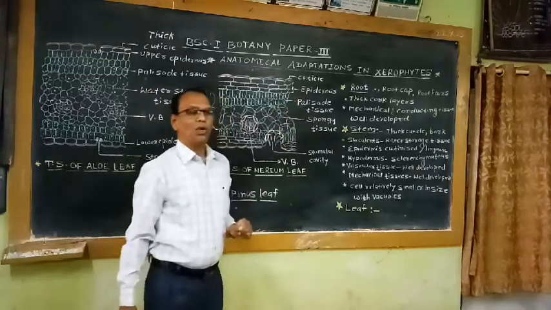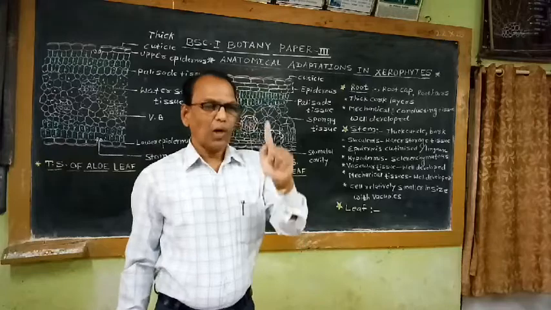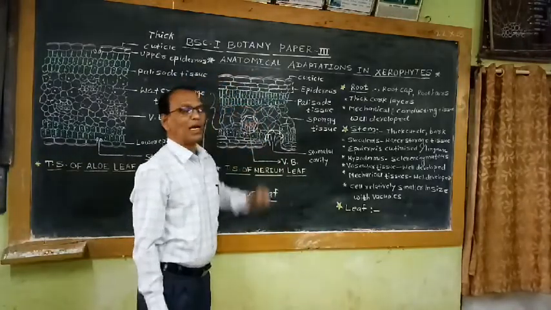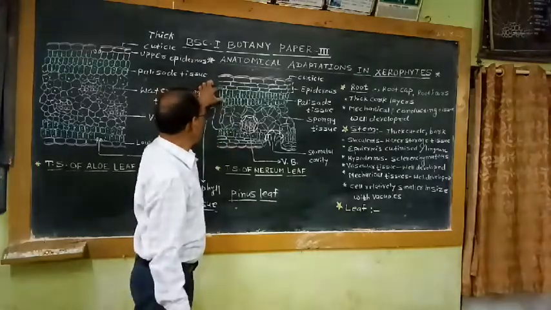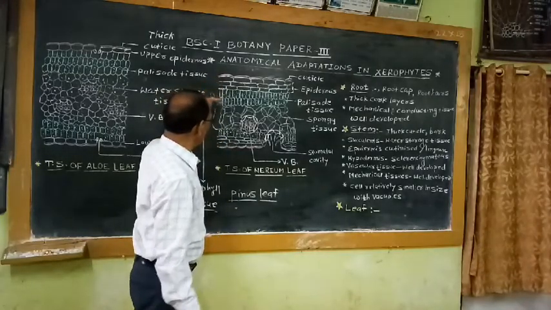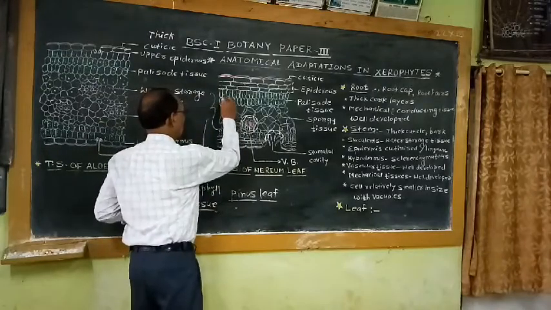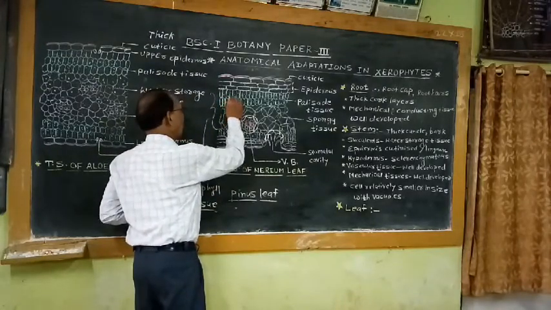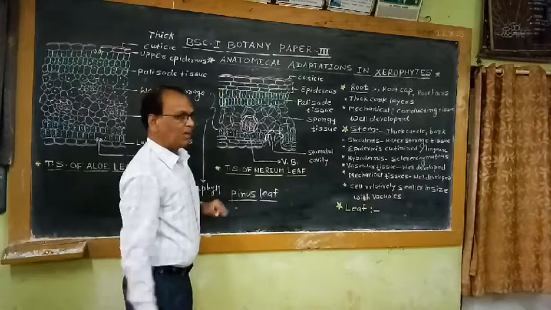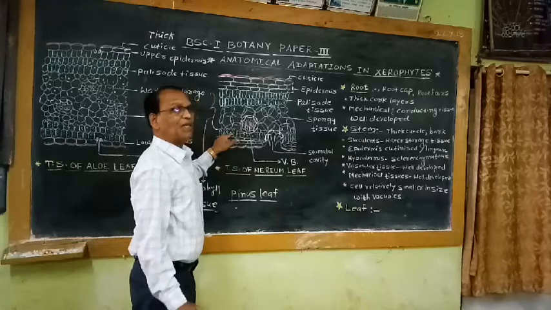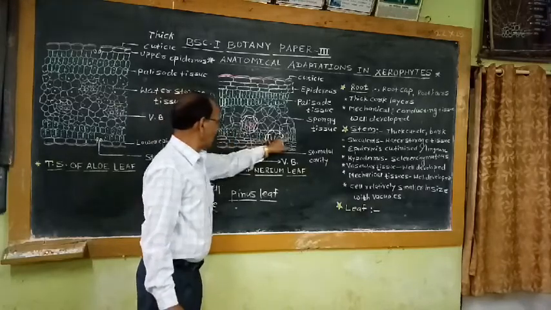Palisade tissue is made up of rod-like or finger-like, compactly arranged, thin-walled, chlorophyll-containing cells. The upper epidermis is followed by 2 to 3 layers of palisade tissue, with more chlorophyll-containing cells. The lower epidermis is also followed by palisade tissue, but only one layer is there.